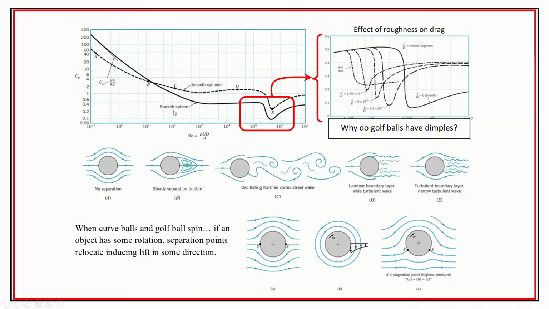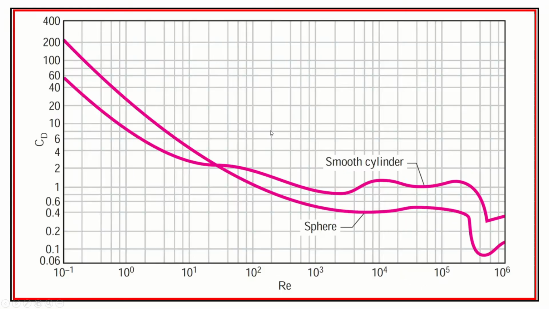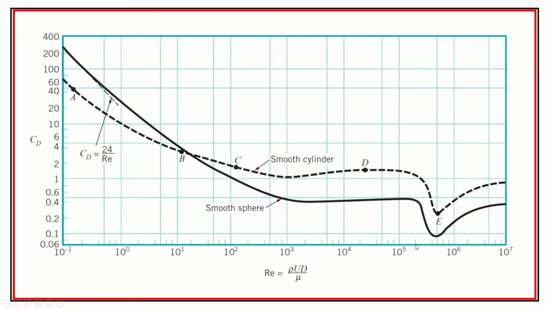This is going to be like a smooth sphere, or we could assume it to be a smooth sphere, and 5.32 is about 1/3 of the way between 10 to the 5 and 10 to the 6. So here it is right there. It's about 1/3 of the way, so I think we're still okay, and we're not into the dip-off region. So what I ended up using was about 0.4 for my drag coefficient. You could try to decide that it's going to be something a little bit more accurate than that.